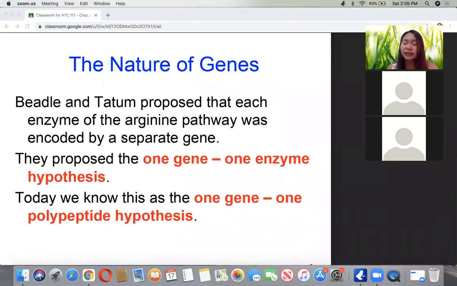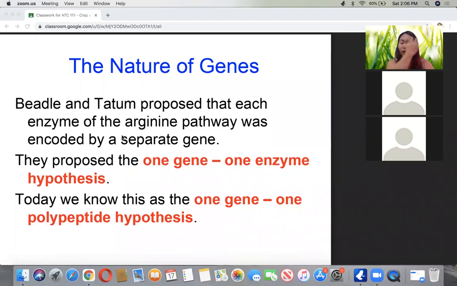Anyway, that's just to show you how genes and their functions were discovered.